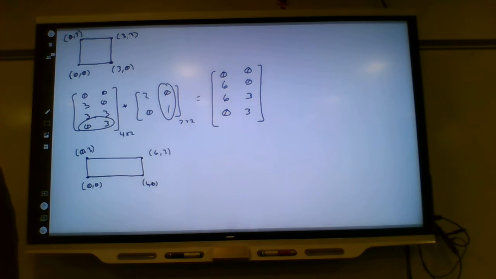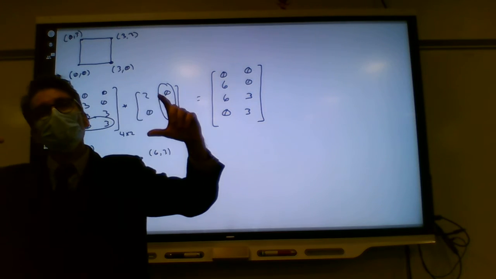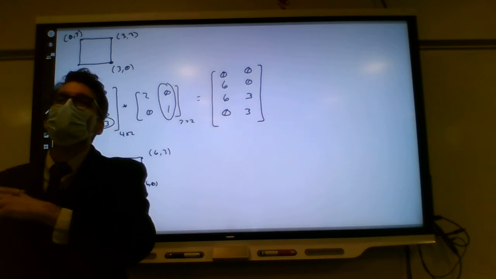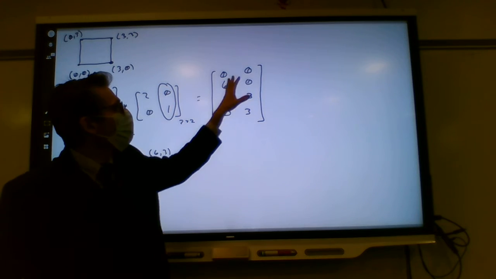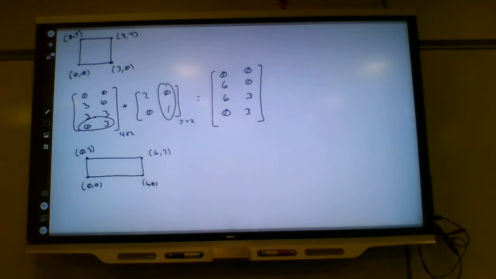What if I wanted to undo that? I want to undo that doubling. I have turned this square into a rectangle, and I want to turn it back into the square. What could I multiply this by to get back to the square?